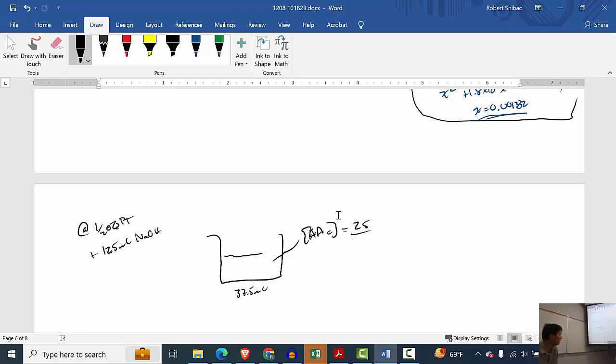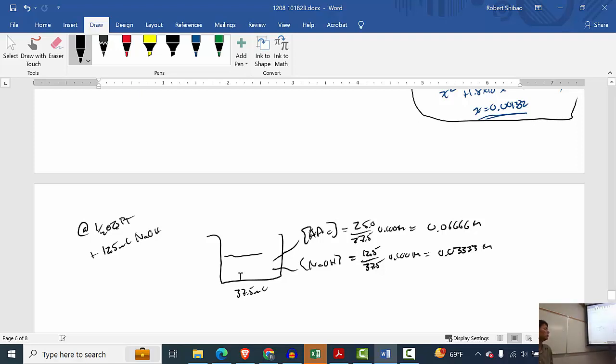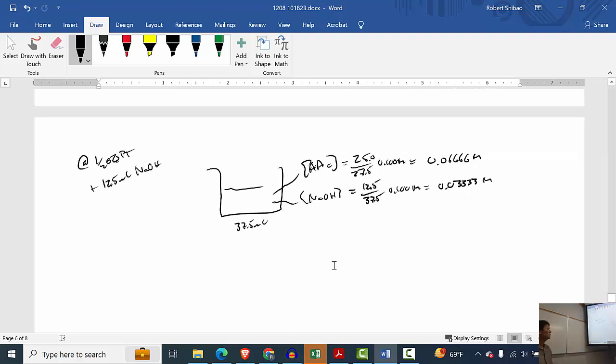This is going to be 25 over 37.5 of 0.100 molar, which is going to give us, what was it before, 0.0666 molar. And then the sodium hydroxide is going to be half that because I'm only neutralizing half of the total. And so this is going to give us 0.03333 molar versus 0.06666 molar.